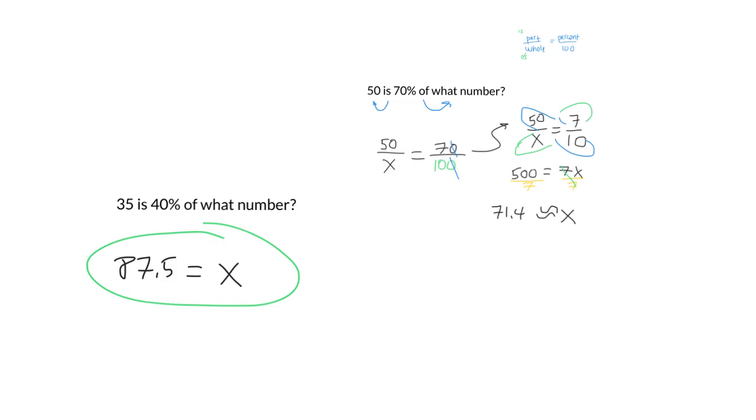Again, two broad strategies. There's the direct translation method. Keep in mind the word of means multiply, if you're going to use that. And then there is the part over whole, also known as is over of method, which reliably works as well. So that's two strategies, and really there are three variations for each strategy. There's the variation where the part is the unknown and you know everything else, and you have to find the part.